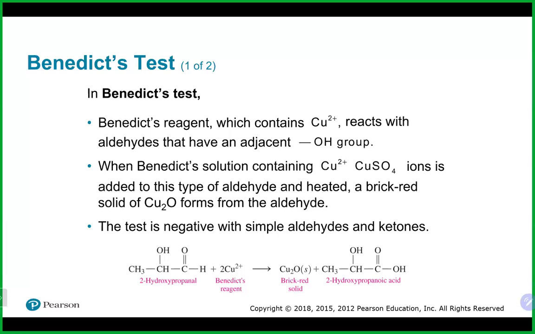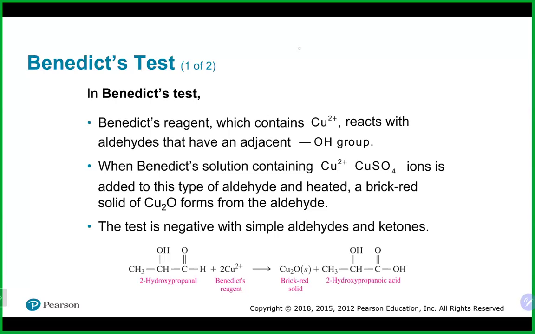But this is what's referred to as the Benedict's test. The Benedict's test uses a reagent that contains copper 2, which is kind of a bluish color, and it will go through an oxidation-reduction reaction.